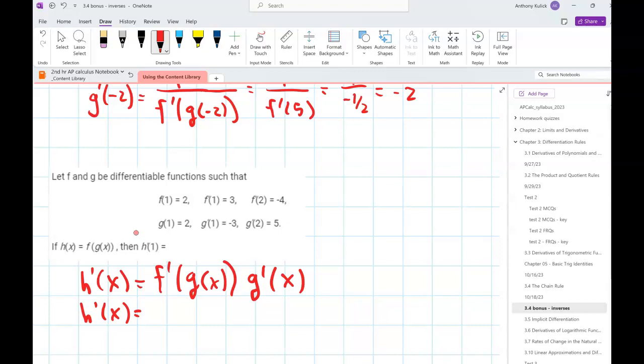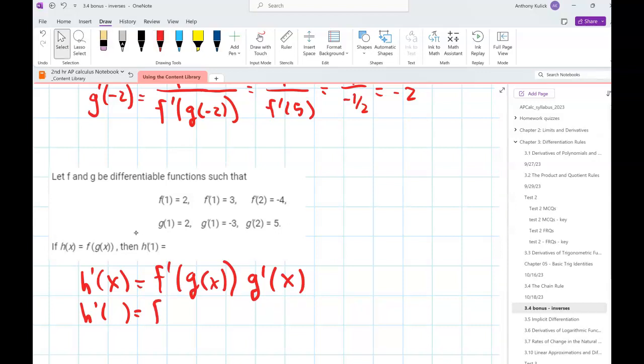They're all f of 1, g of 1, f prime of 1, g prime of 1, f of 2, f prime of 2, g prime of 2. So they're all just first derivatives, but you have them at 1 and at 2.